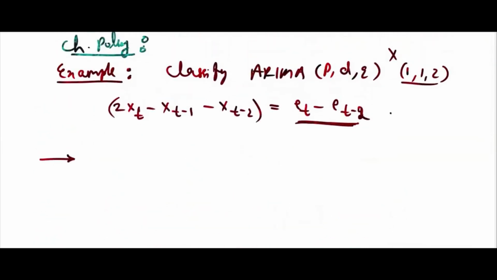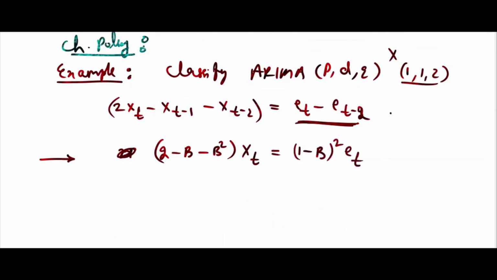So you write this way, 2bxt, 2 minus bxt minus b square xt. You write this way. Then this one you write 1 minus, even if you have 1, it doesn't matter. You have a 1 minus b factor, right? But I wanted to have something. So this is 1 minus b square et.